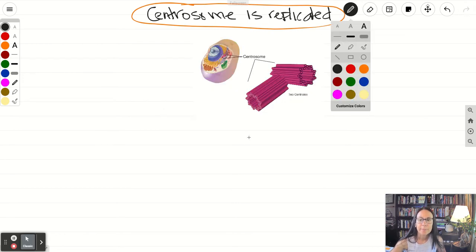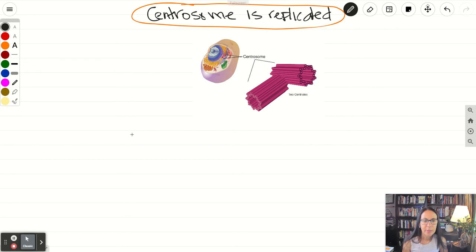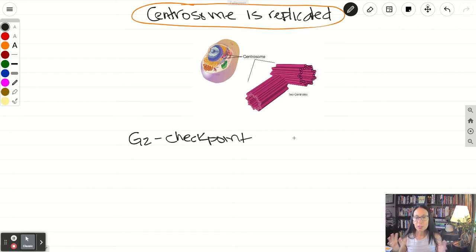Okay, so the next phase is G2, and this is a checkpoint. What the cell is going to do at this point is check all the DNA, make sure there's not too many mutations. If there are too many mutations, the cell is going to kill itself, and then that's it. It's over. Okay, if everything looks good at G2, it's going to move on to the next phase, which is what we're talking about in this video, which is mitosis.